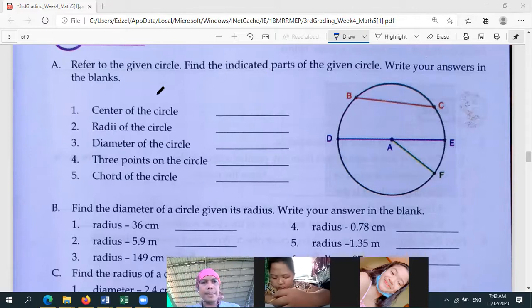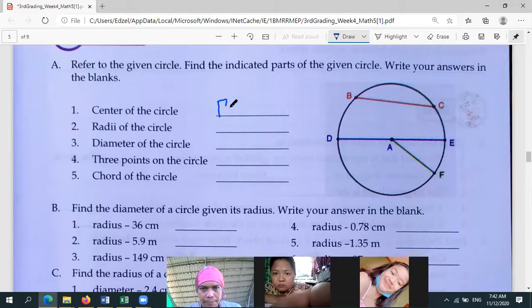So, for example, center of the circle. Where is the center of the circle here? A? A, very good, Josh. So the center of the circle is a point. Basta center, it's always a point. Okay?